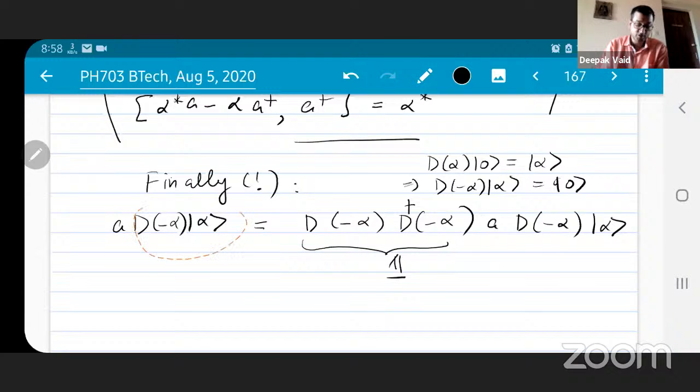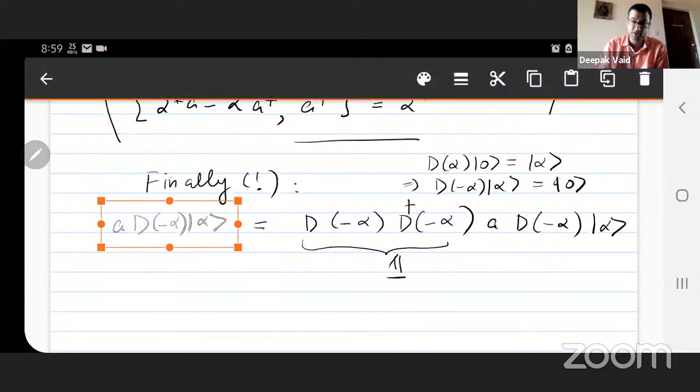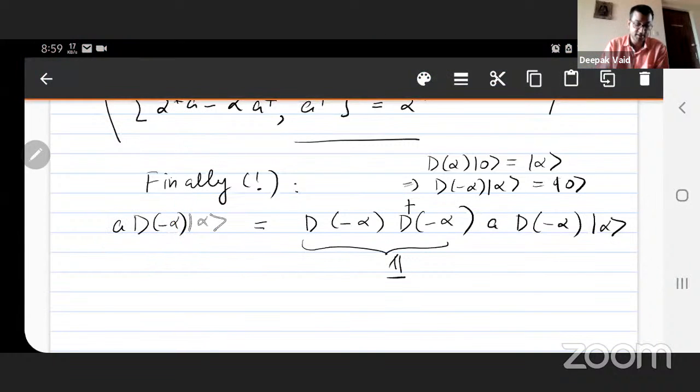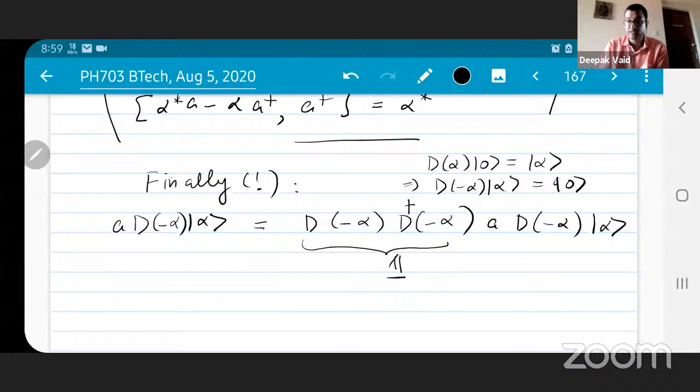And if I act on the 0 state with A, then I should get 0. So if this whole thing is 0, then I will know that this is indeed the eigenstate of A.